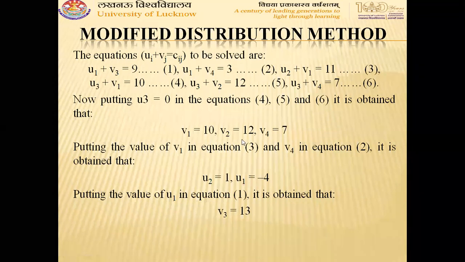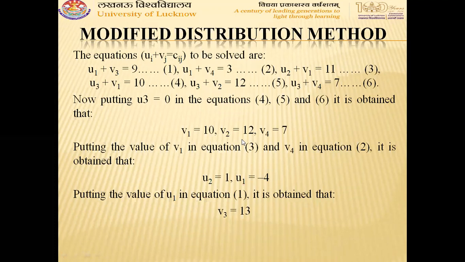Now we put these values in equations 2 and 3. In equation 2, the value of v4 is 7, so u1 will become 3 minus 7, which is minus 4. In equation 3, the value of v1 is 10 and u2 plus v1 is equal to 11, so u2 will become 11 minus 10, which gives u2 equal to 1.